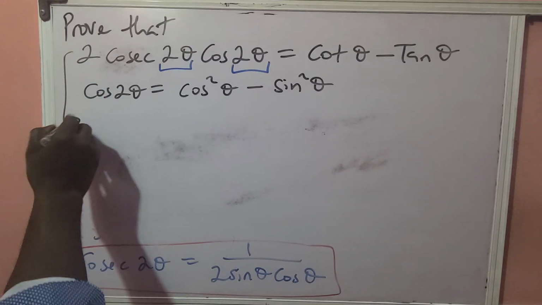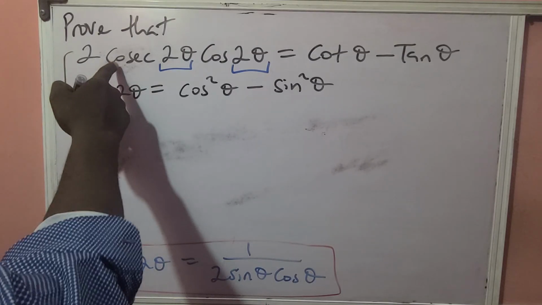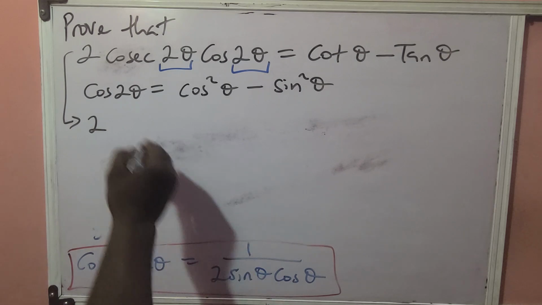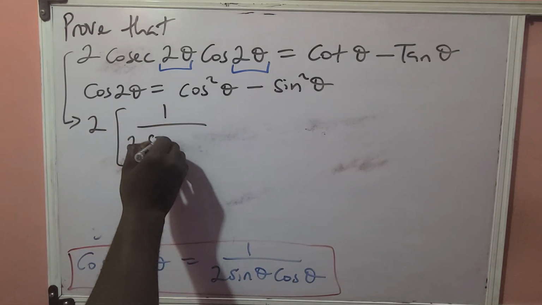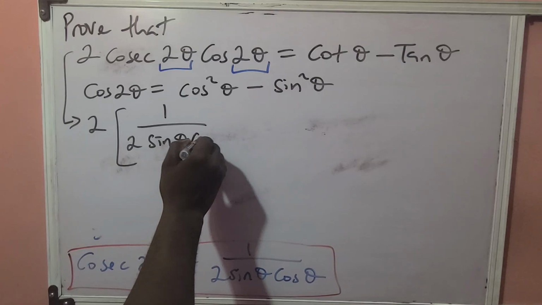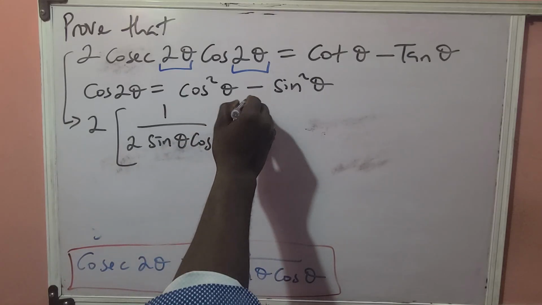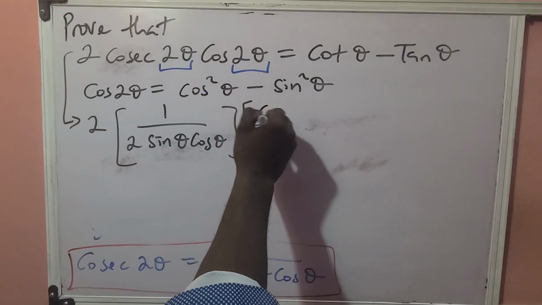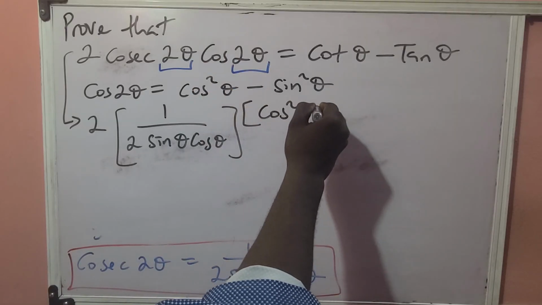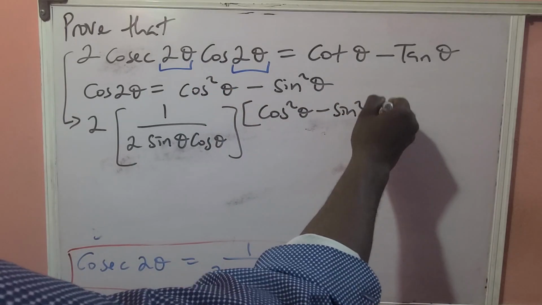From here, we have 2. Now, instead of writing cosecant of 2 theta, I'll be writing 1 over 2 sine theta cos theta, then multiplied by the cos of 2 theta, giving us cos square theta minus sine square theta.